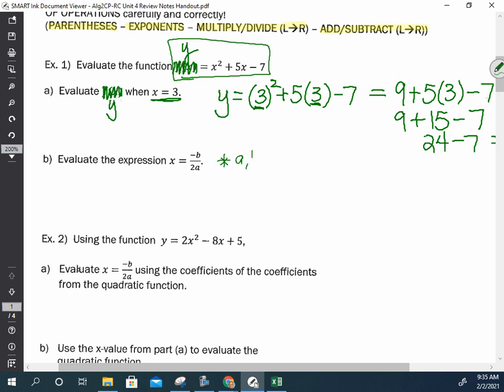So a and b have to come from the formula, come from the function. So let's identify those first. Based on the function, what's a?